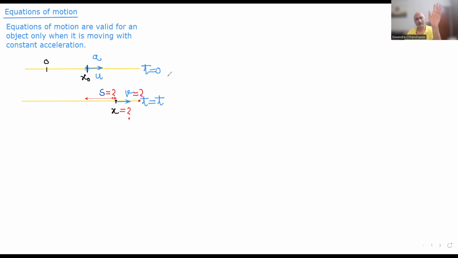Clear? So at t0, the particle was at x equal to x naught. At t equal to t, the particle is at x equal to x, which we don't know. So we want to find what is that x, what is the displacement s, what is the velocity v.